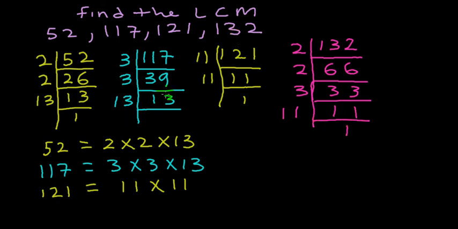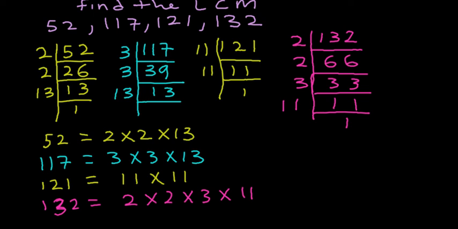So the prime factorization for 132 is 2 times 2 times 3 times 11.